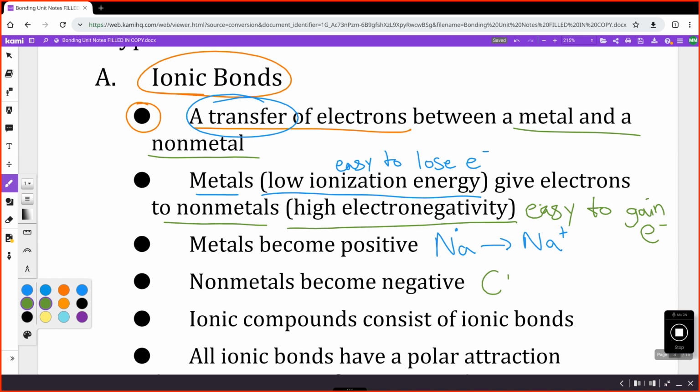Chlorine, with 7 valence electrons, will turn into a Cl- because it has gained the electron from the sodium. This is how an ionic bond occurs.